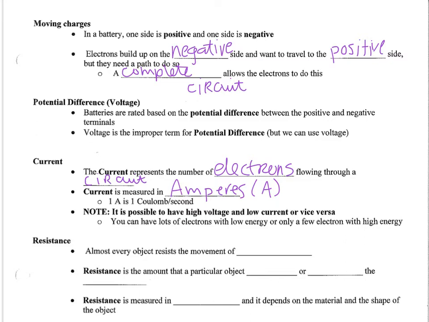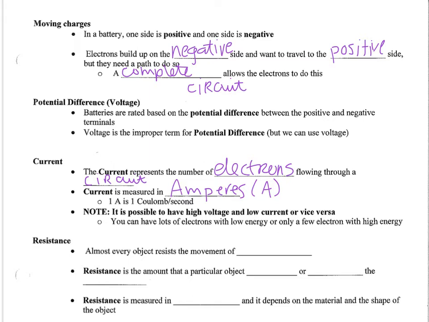It is impossible to have a high voltage but a low current, or vice versa. So in other words, the higher the current, the more electrons are moving, so the higher the voltage is going to be. So we've got voltage, we've got current, and the last thing we want to look at is resistance.